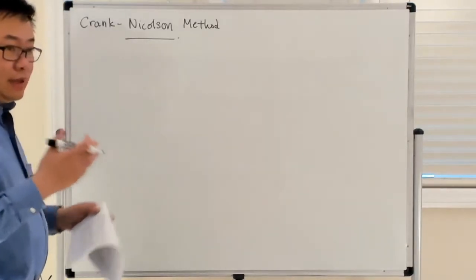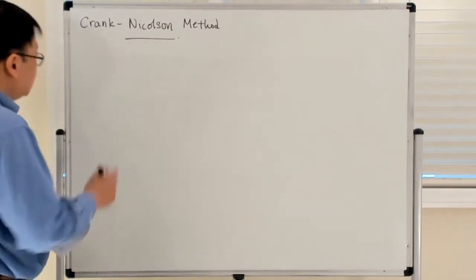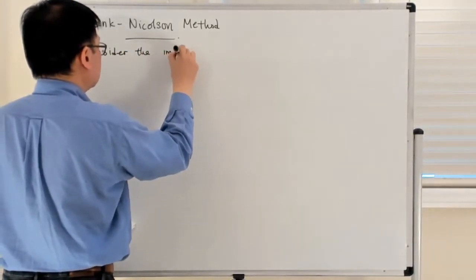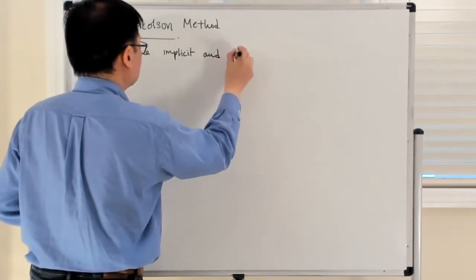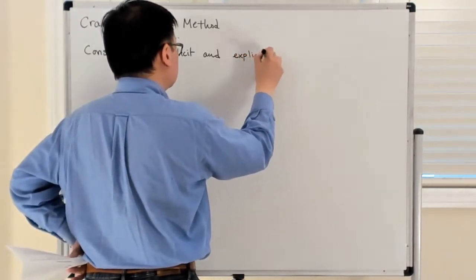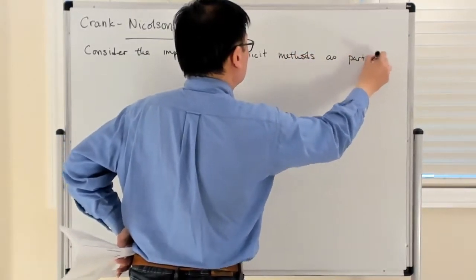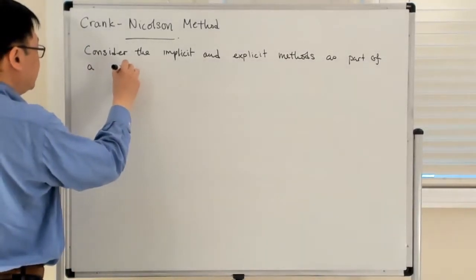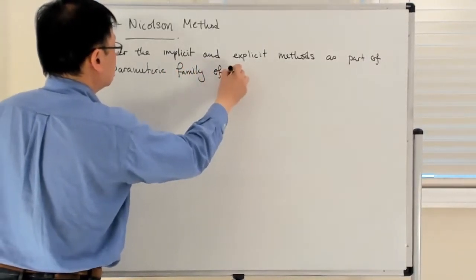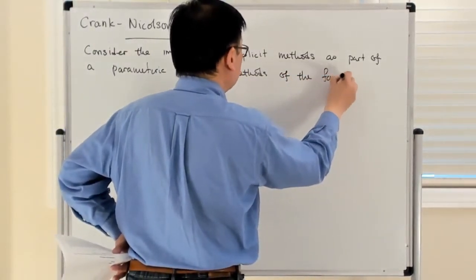So let's think of the implicit and explicit methods as being part of a parametric family of numerical methods of the form here.